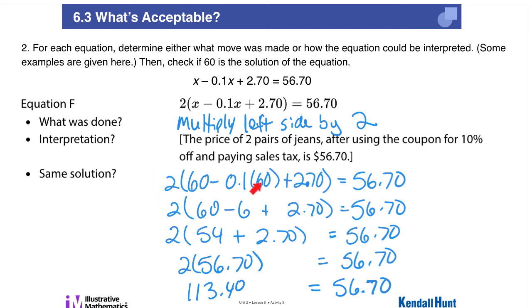So I'm plugging in 60 into the equation, and as I simplify it all the way down, I end up with 113.40 on the left equals 56.70 on the right. These two things are not equal, so no, they do not have the same solution. And looking back at why they don't have the same solution, it's because they only multiplied the left side by 2. They didn't do it to the right side as well. And you got to do the same thing to both sides of the equal sign.